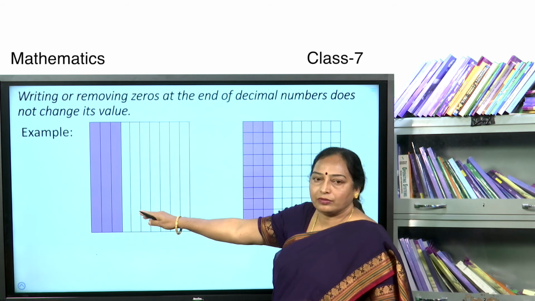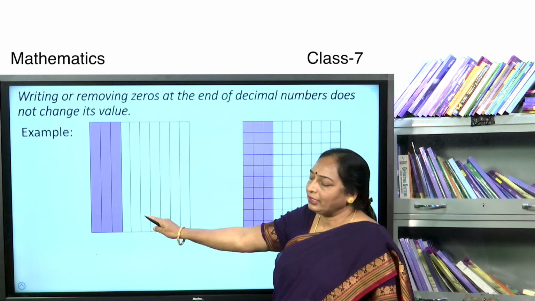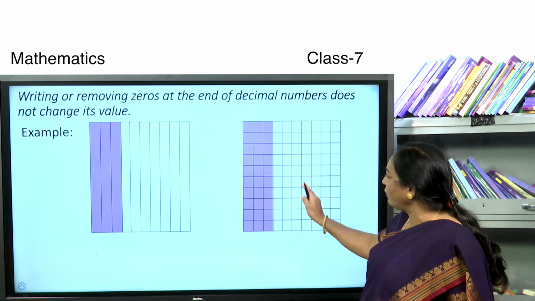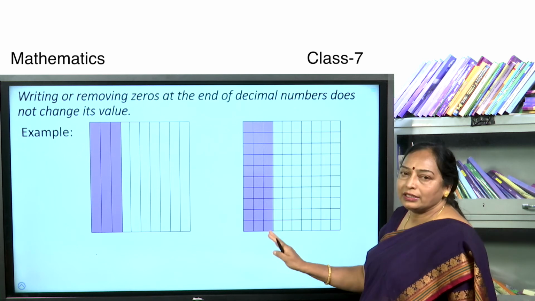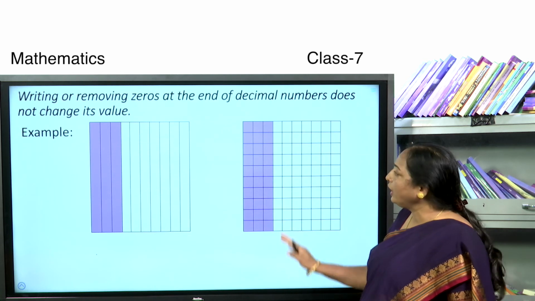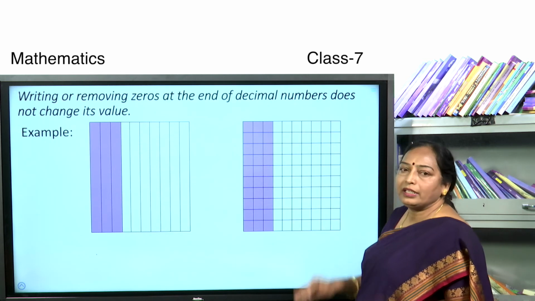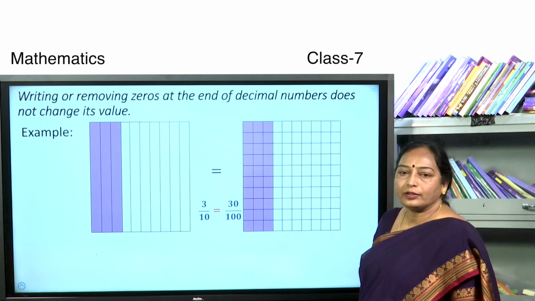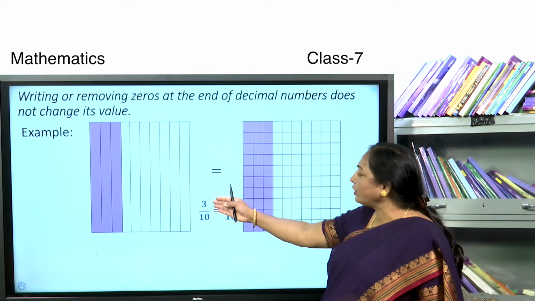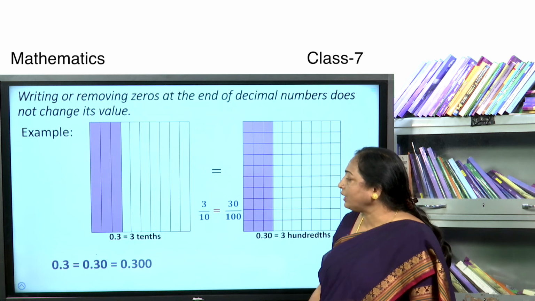The fraction form of the first figure is 3 by 10. The fraction form of the second figure is 30 by 100. But they are colored in the same size. Therefore, both the fractions are equal. So, 3 by 10 is equal to 30 by 100. The decimal form of 3 by 10 is 0.3.